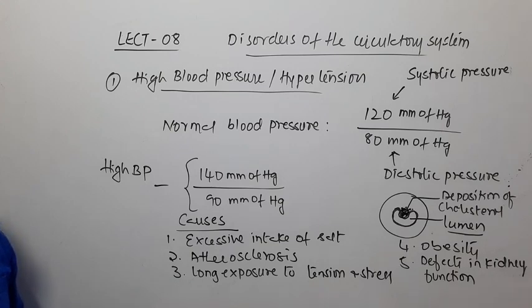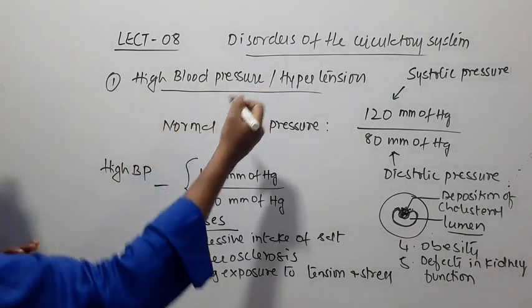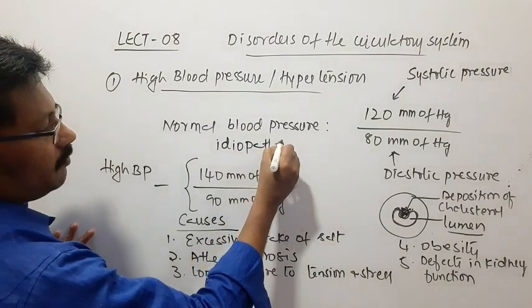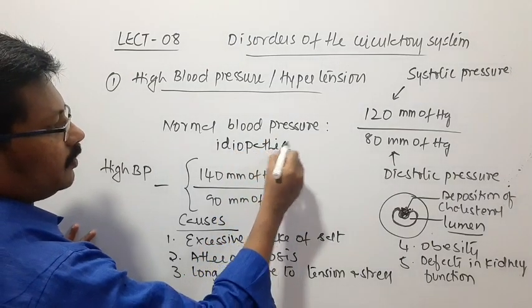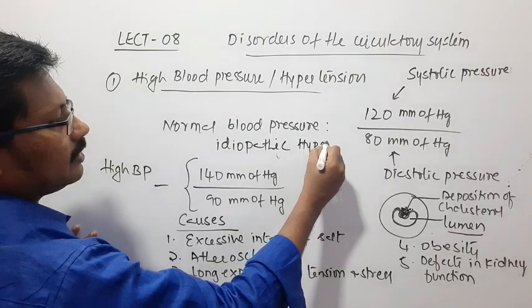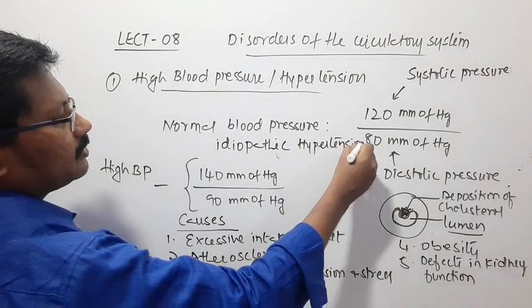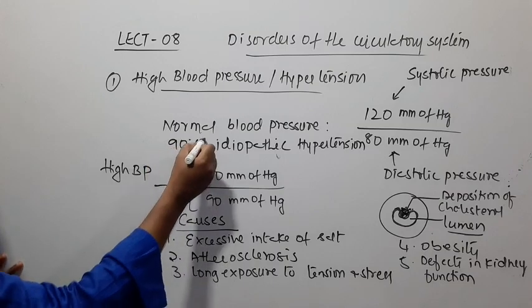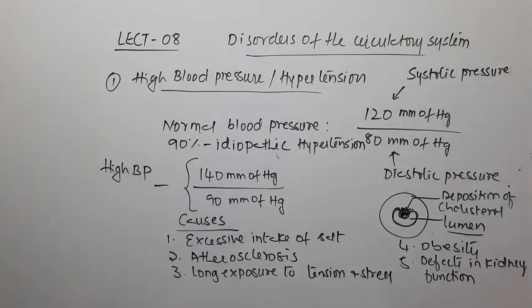When the cause is not known properly, we use the word idiopathic. So about 90% of people will have this idiopathic hypertension.